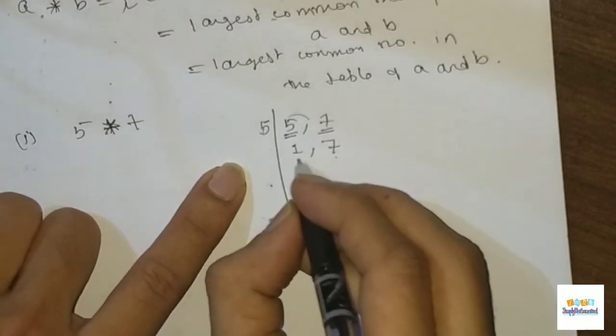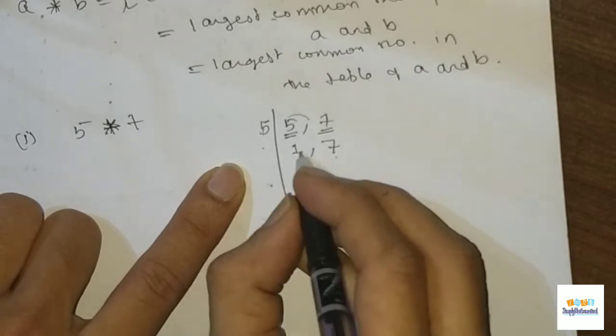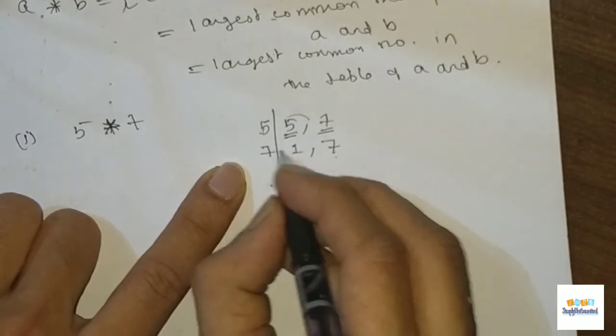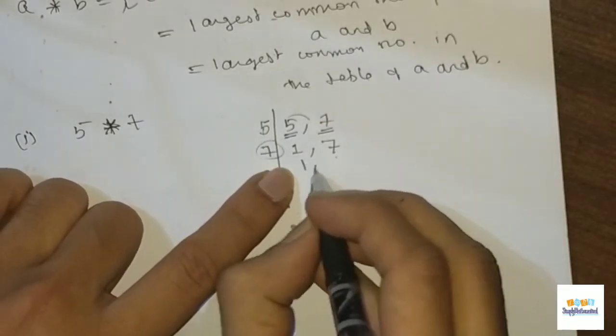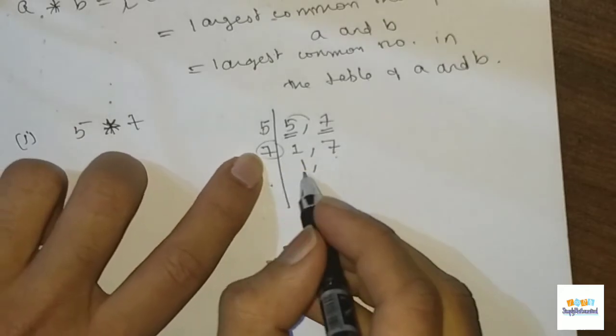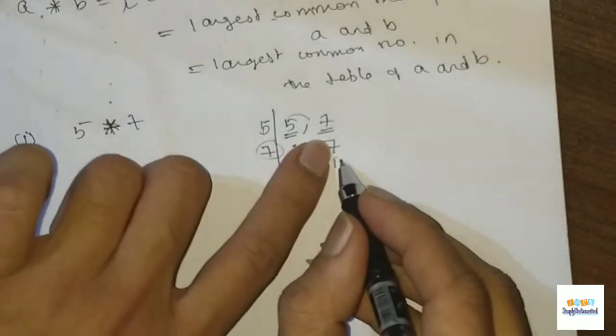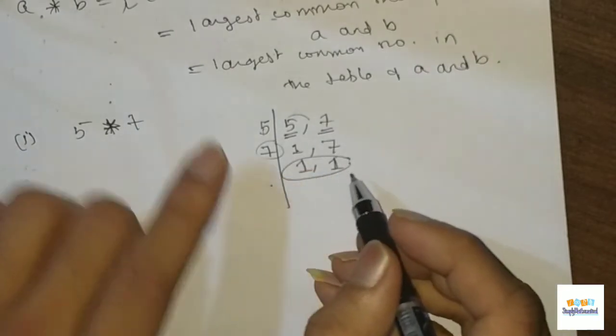Then the next prime number which divides 1 and 7 will not divide both, but even if it divides one, you will take that. Prime is 7, so 7 ones are 7, and this number you write as it is. Now once you get 1 and 1, then you have to stop.